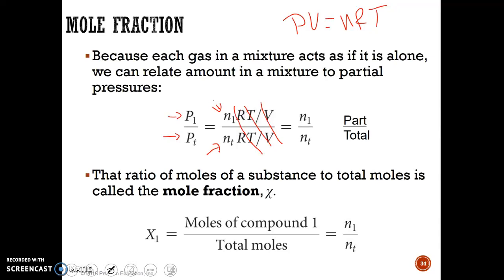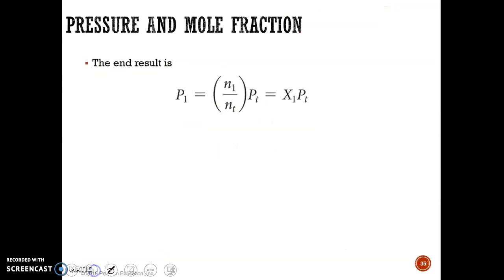So both of these represent a part over total. But what this does is allows us to calculate what we call the mole fraction. You might see it as an x here, or like a chi if we're a little bit more correct. And chi is a unitless fraction that tells us how much gas takes up in a total mixture. So we can put these two equations together.